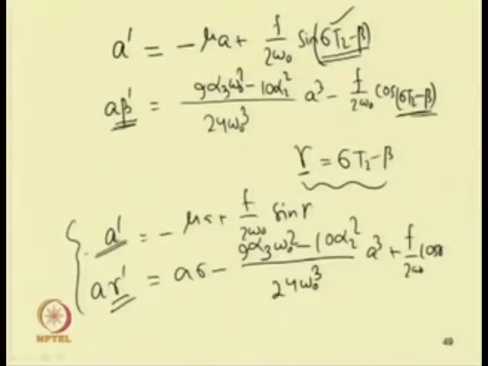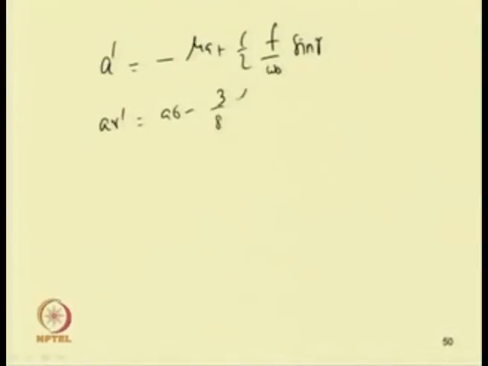One may note that this equation is similar to that of the cubic nonlinearity, in which A dash was minus mu A plus half f by omega 0 sin gamma, and A gamma dash equal to A sigma minus 3 by 8 alpha by omega 0 A cube plus half f by omega 0 cos gamma.